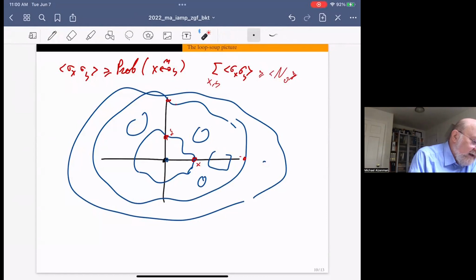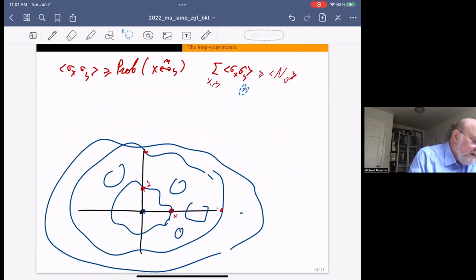And if you use translation invariance, which we do have in our model, that is actually nothing else than just the susceptibility, the regular susceptibility, in the sense that by translation invariance, that is equal to the summation of the correlation between 0, 0 and correlation between x and y.